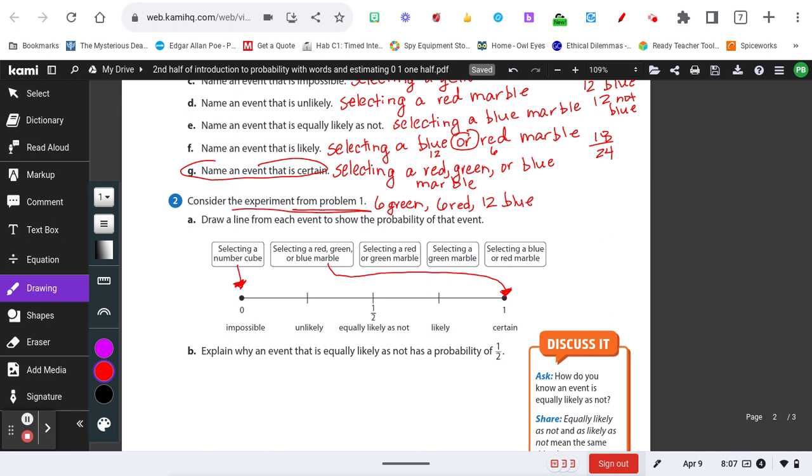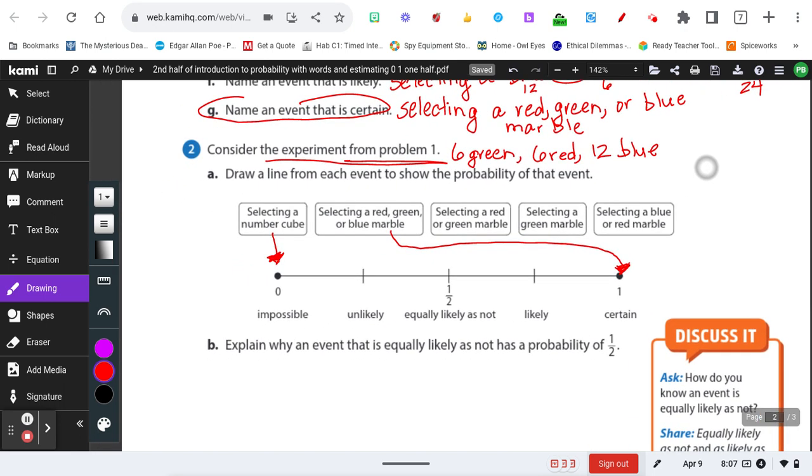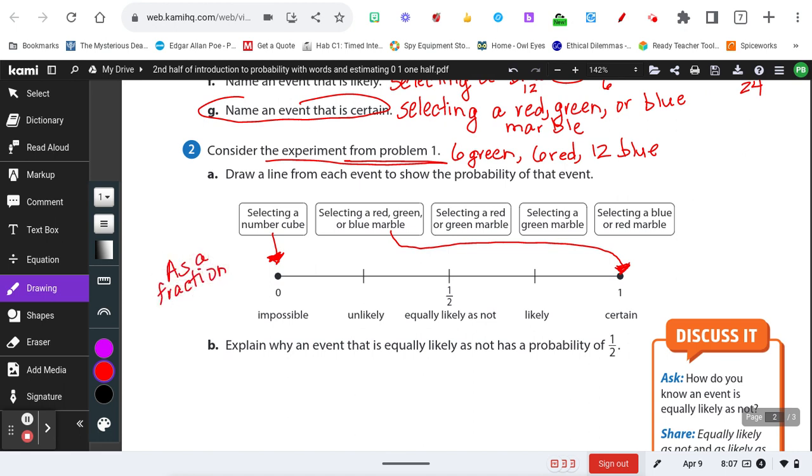Guys, I want to make sure you understand something. Your probability, as a fraction, can fall between 0 and 1, or I should really say can be from 0 to 1, to make sure it's inclusive.